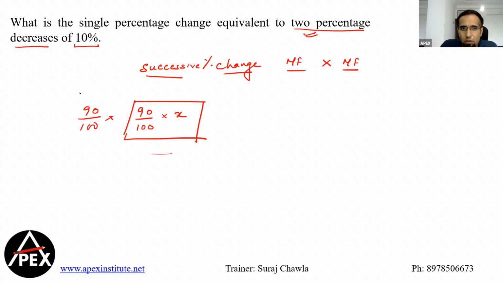So what is happening here? Your one multiplying factor is used here. Your second multiplying factor is used here. And you are using a term called multiplication. So mathematically, if I'm using two multiplying factors separated by a multiplication sign, I can use successive percentage change. Is this point clear?